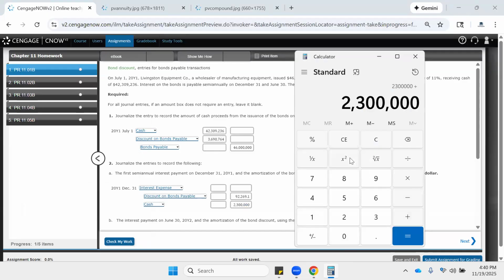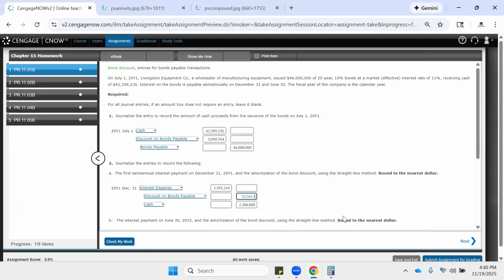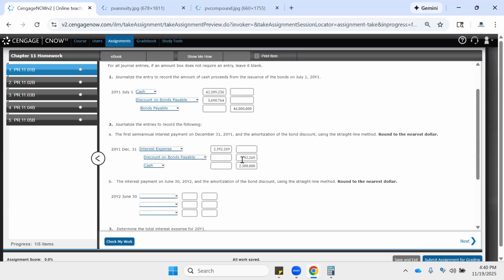And then we need to add 92,269, and we get 2,392,269. And we are actually rounding to the nearest dollar in all of these. So we are going to take out the 10 cents that we had on the discount on bonds payable. Remember, round to the nearest dollar.